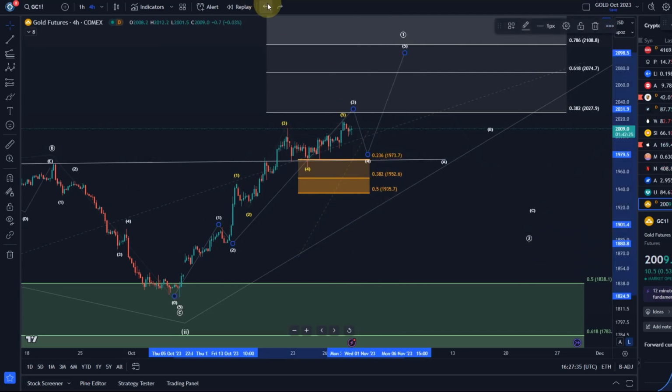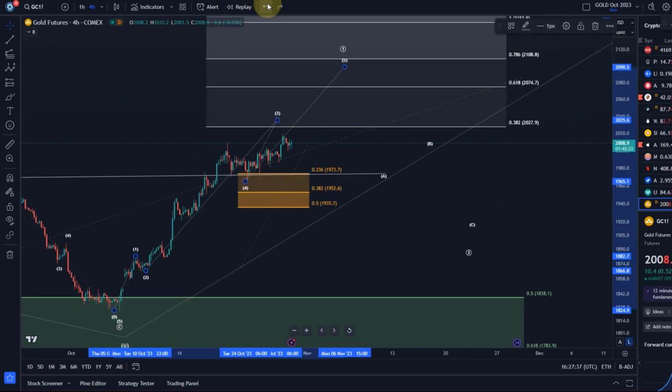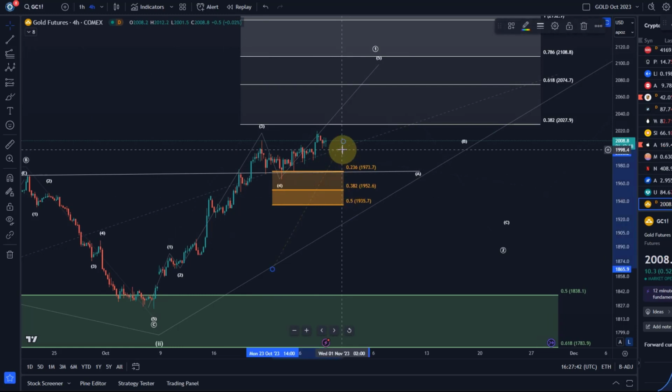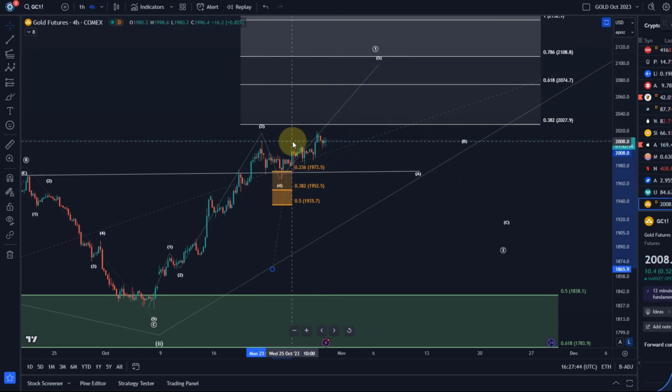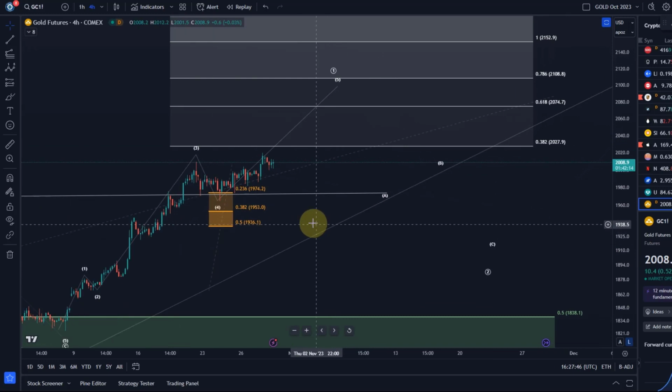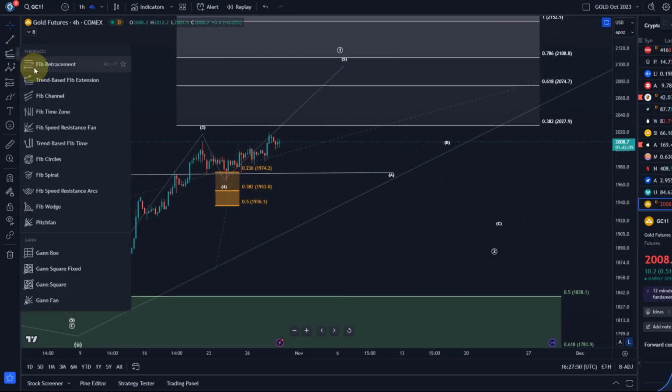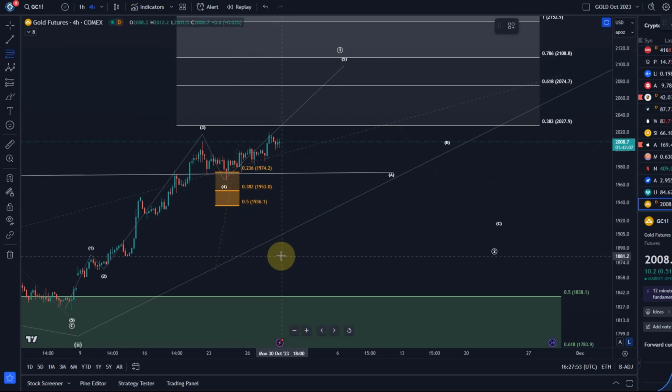So what I will do is go back to the previous count, but we are going to add another support area. Let's leave this support in place. This worked nicely. And I will add another support area for the alternative wave 4. We have to measure the length of the third.